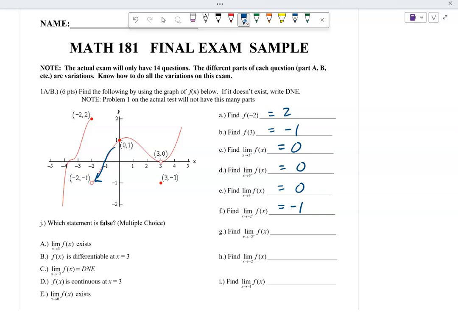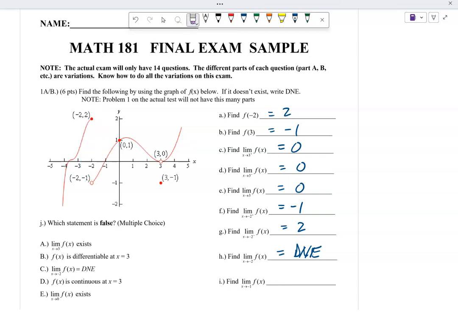As I approach -2 from the left, I approach a y value of 2. So the overall limit as x approaches -2, do they agree? No, they don't agree, right? We have a big gap right there. So this does not exist, the overall limit, because the left-hand and the right-hand limits do not agree.